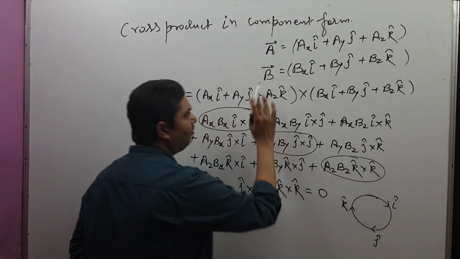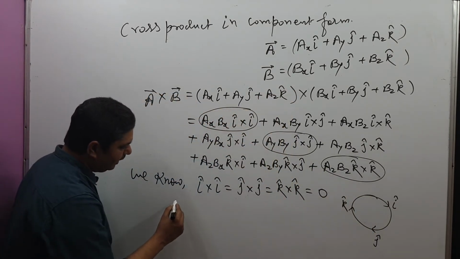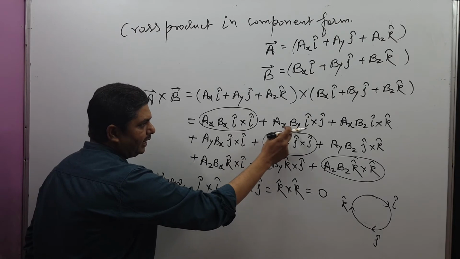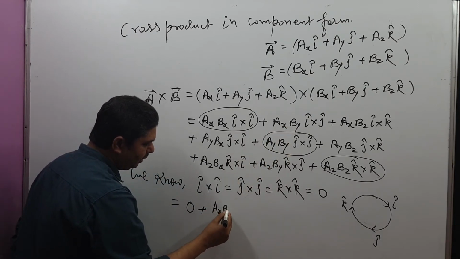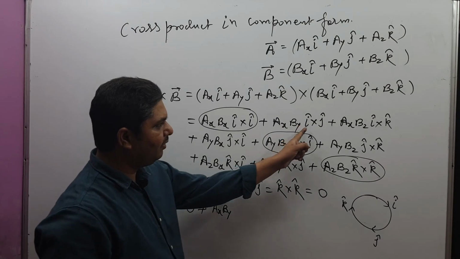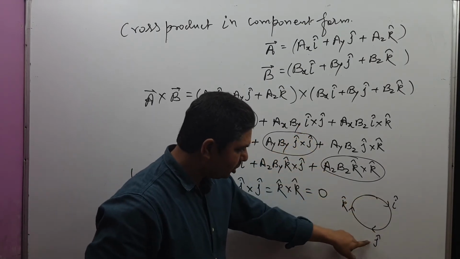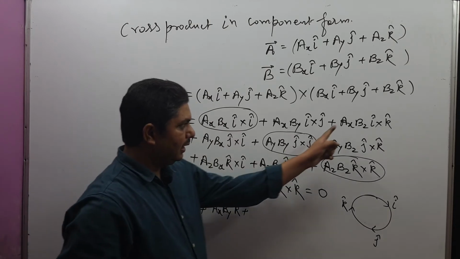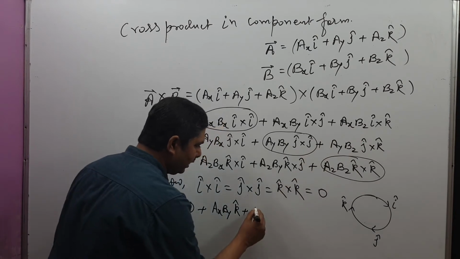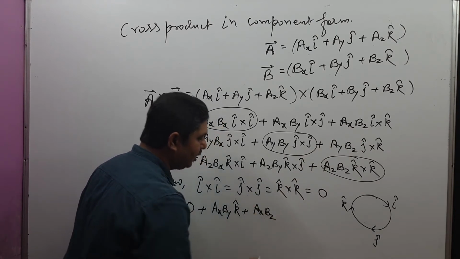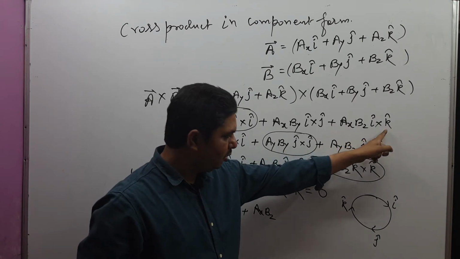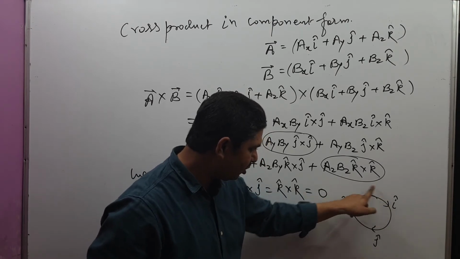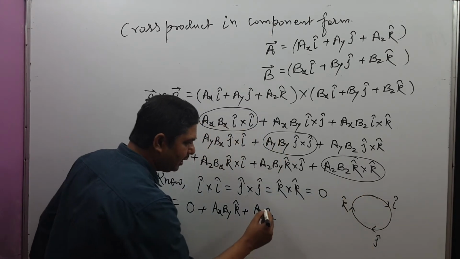Use this rule for the other terms. This first term is 0. This second term is AX BY, and here you have i cross j. So i cross j is k. So write here k cap. Here AX BZ. Now see, i cross k is here. It is moving in the opposite direction. So i cross k will be minus j. So you write here minus j.